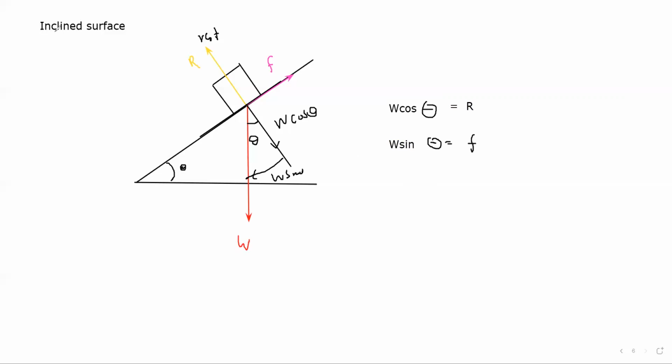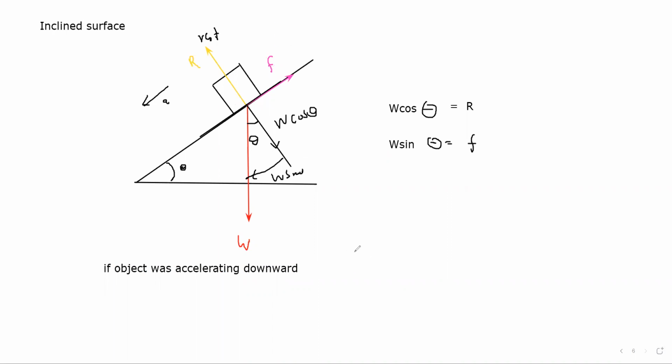But if this object was accelerating downward, it means the downward force, which was balanced in the first case, is now more. Then W sin theta is more than the friction.